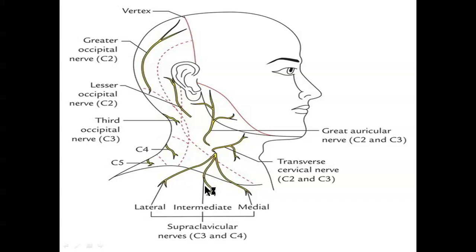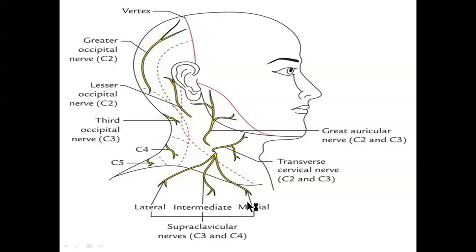Now, the supraclavicular nerve itself is divided into lateral, intermediate, and medial. All of these descend, and here we have the clavicle. Just imagine this is our clavicle. The lateral would supply the lateral one third of your clavicle. Intermediate will supply the middle part, whereas the medial supraclavicular nerve would supply the medial one third.